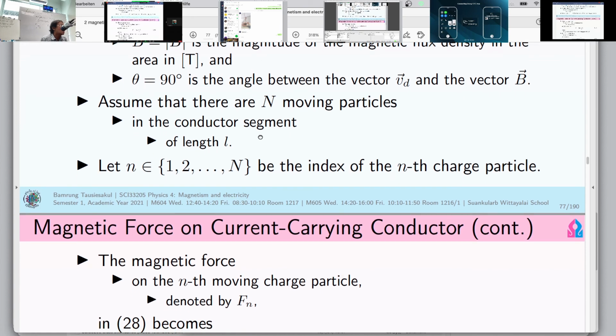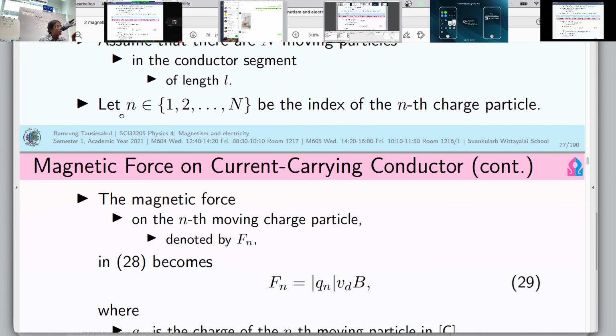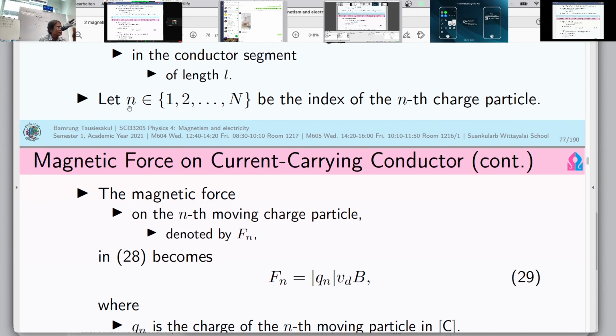Assume that there's not only a single charge or particle moving in that area, but rather we have N moving particles inside that wire, capital N, and the connector we are interested in is of length L. Let's say the small n is a variable.